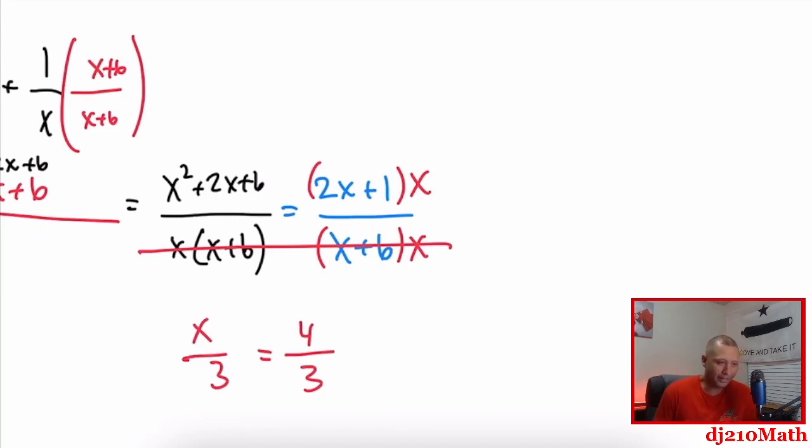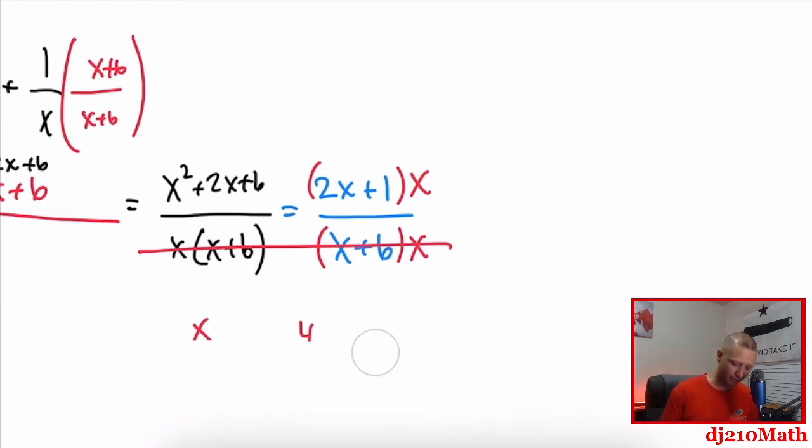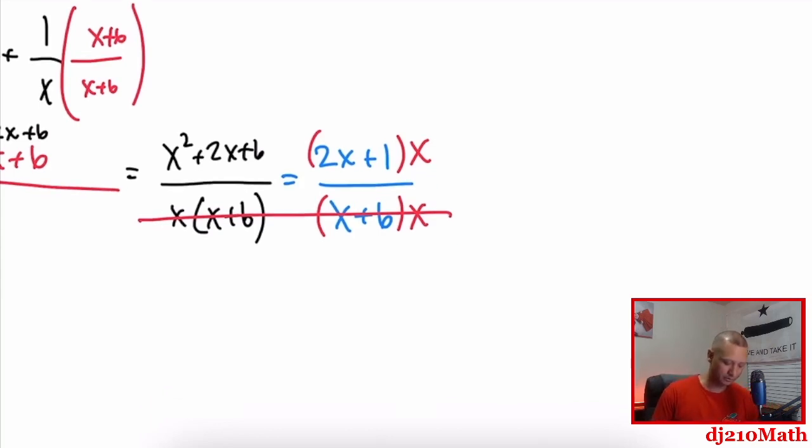If I'm solving for what x is, do I care about the denominator? No, I don't care about 3 at all. x is going to equal 4. I'm only looking at the numerators. That's my train of thought. I feel like it's flawed, but it seems to be working.